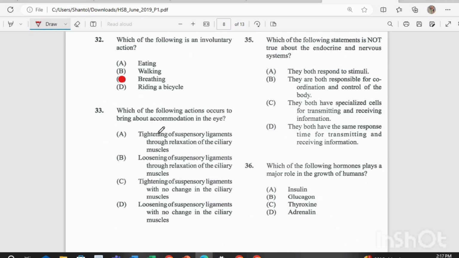Is it A, tightening of suspensory ligaments through relaxation of the ciliary muscles, B, loosening of suspensory ligaments through relaxation of the ciliary muscles, C, tightening of suspensory ligaments with no change in the ciliary muscle, or D, loosening of suspensory ligaments with no change in the ciliary muscles? The answer is B.